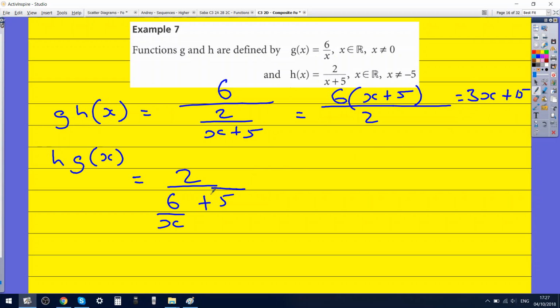For the one down here, if I multiply the top and bottom by x, I would get 2x over 6 plus 5x. Will this be more trouble than it's worth? If I multiply the top and bottom by 6 plus 5x, it's more trouble than it's worth.